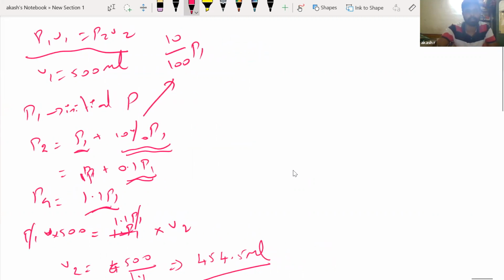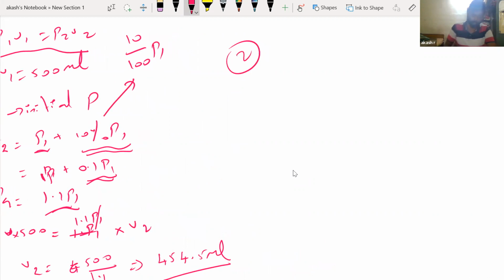Okay, so question number 2. Take down. An open empty container has a volume of 2.05 liters.